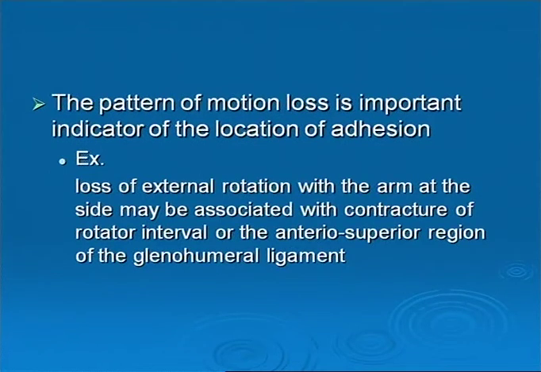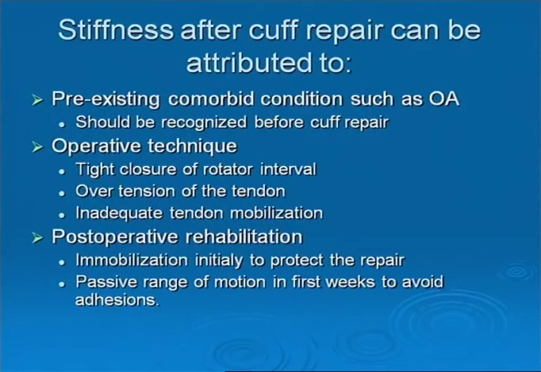For example, loss of external rotation with the arm at the side may be associated with contracture of the rotator interval or the anterior superior region of the glenohumeral ligament. Stiffness after cuff repair can be attributed to pre-existing comorbid conditions such as osteoarthritis, which might be missed before operation.